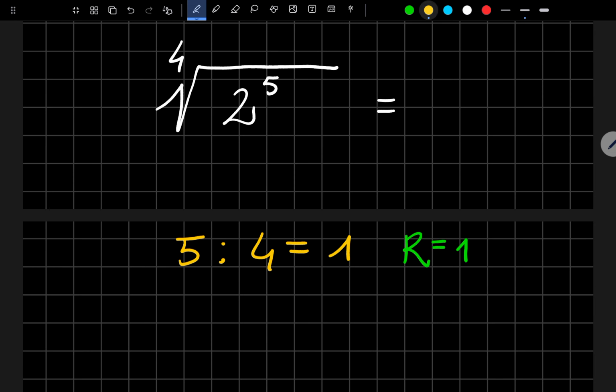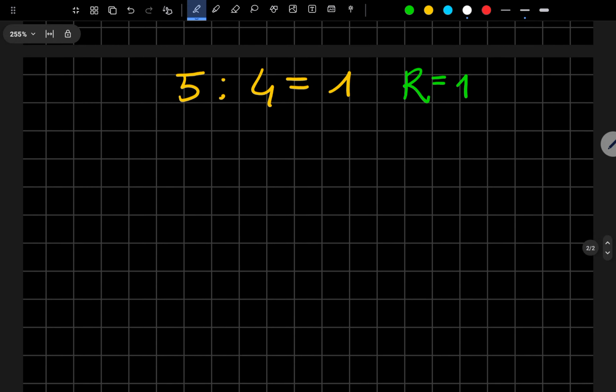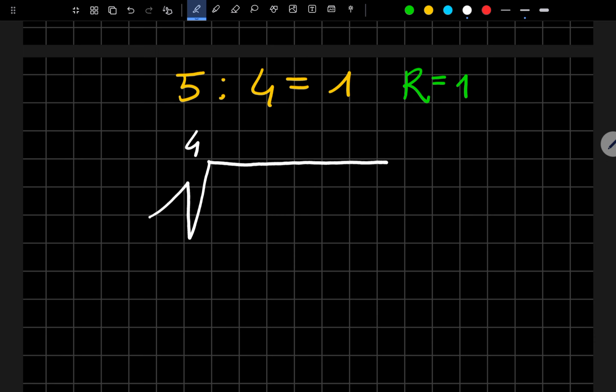So I will use this value here as the exponent of 2 outside the radical, and this one here is the exponent of 2 inside the radical. That means now it will be clear. Now I'll write here 2 and 2, and now I have to add the exponents.